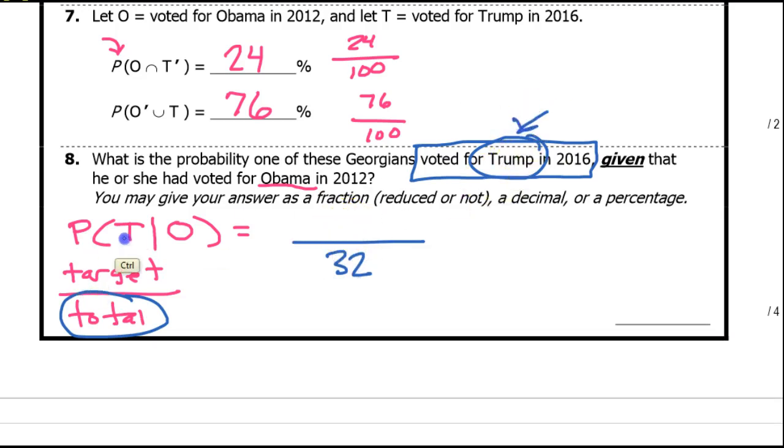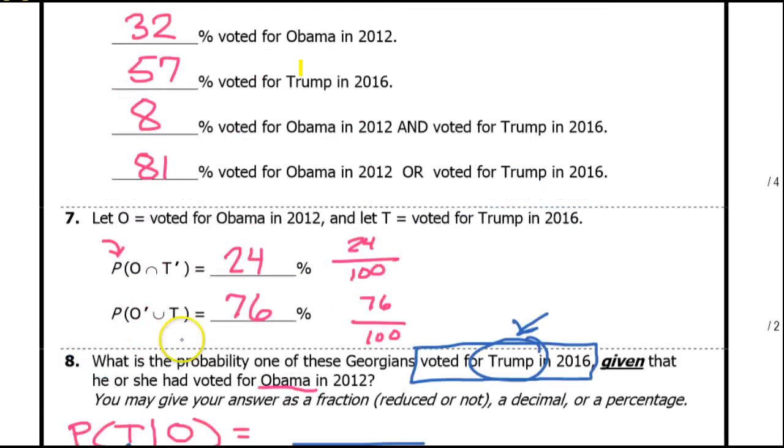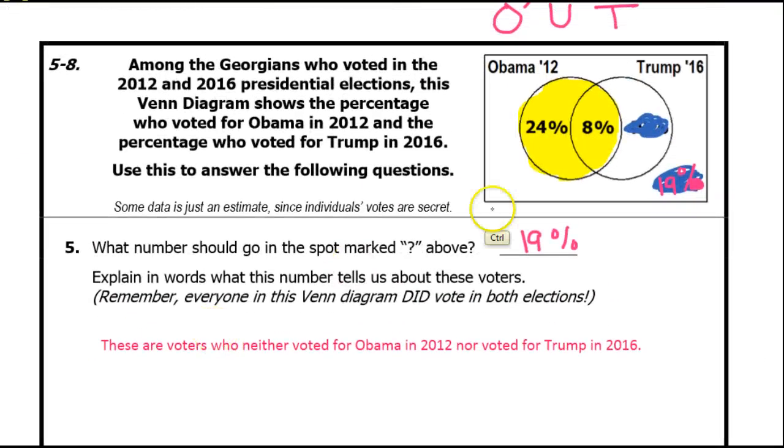Another way to look at it is the target is Trump and the total is Obama. Target over total, it's right there. Out of the two numbers that I have, the Trump number is 8 because this is part of the Trump circle.